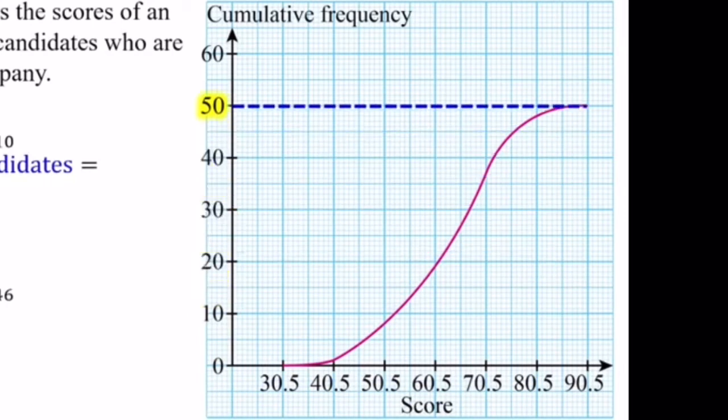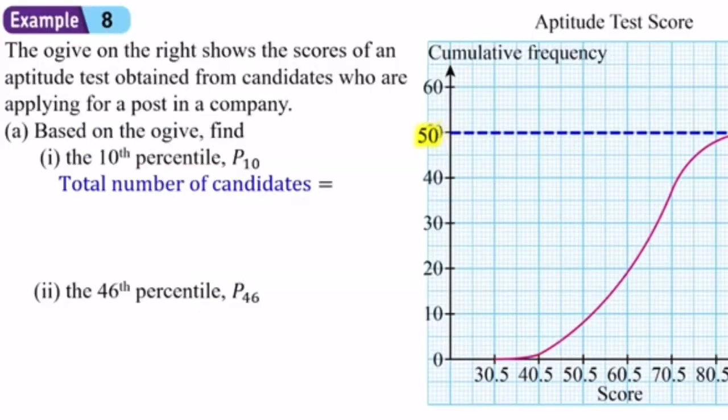You draw a horizontal line that touches the peak of the Ogive, which is 50. Alright, so from the total number of the candidates, we want to find the P10. P10 means percentile.